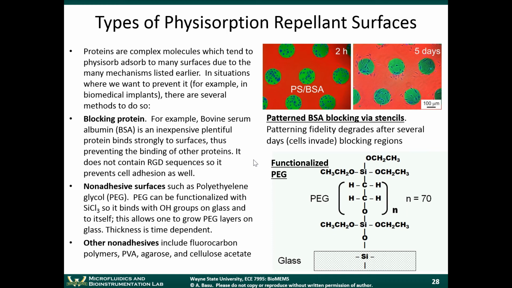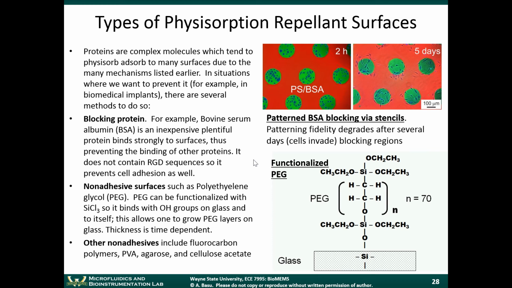The reason why it's used is because it's quite inexpensive, it's plentiful, and it also doesn't contain RGD sequences. RGD is the peptide sequence that's needed for cells to attach. So BSA happens to not contain any of those sequences. So if you coat the surface of a polystyrene plate with BSA, then no cells will attach to it.